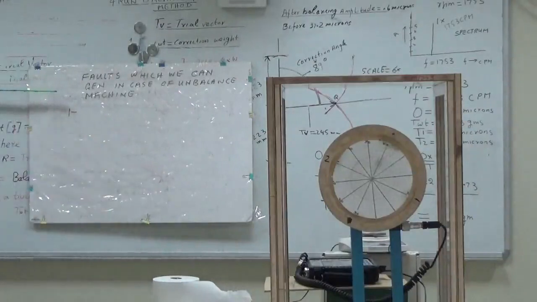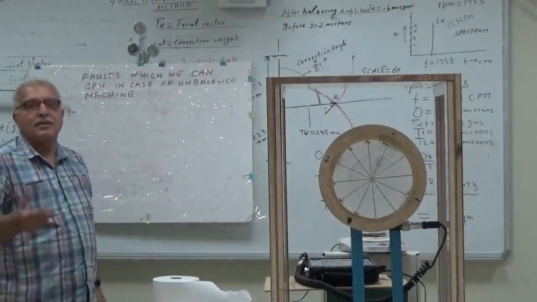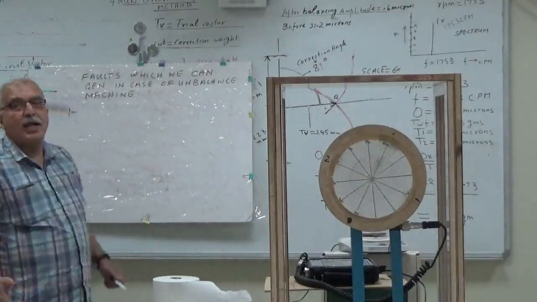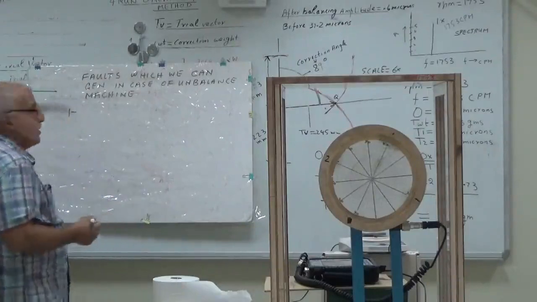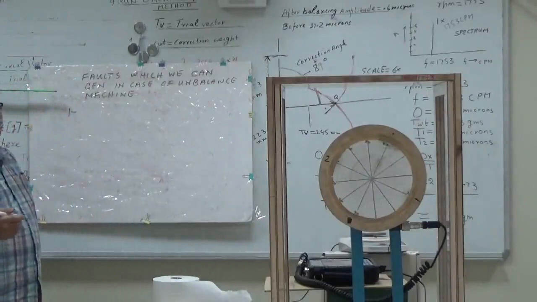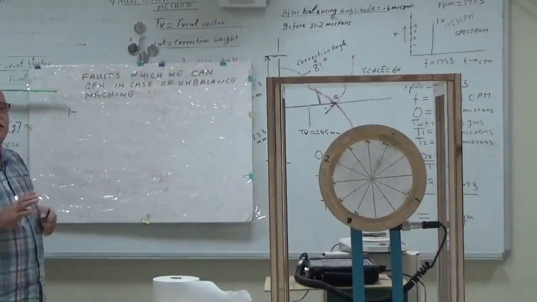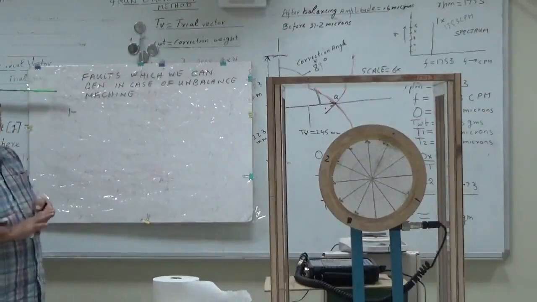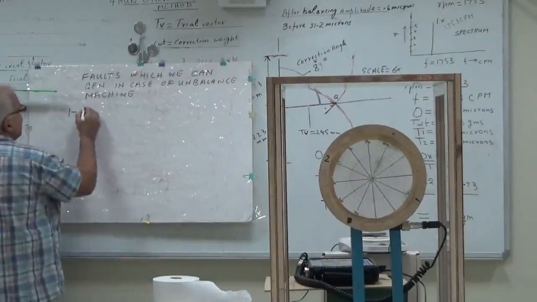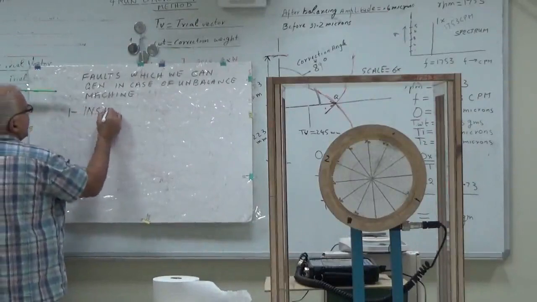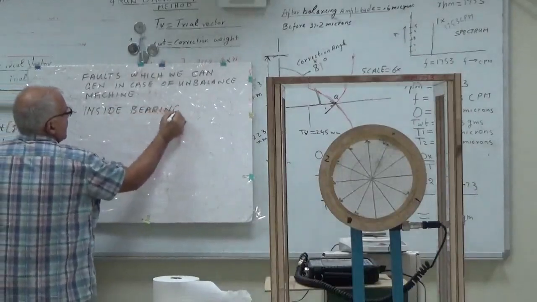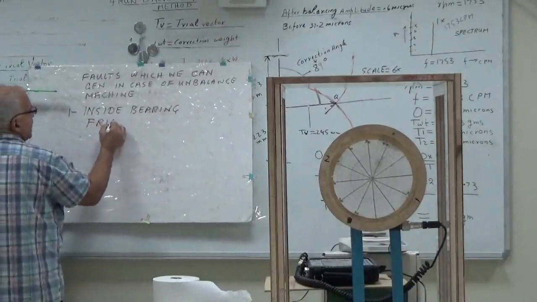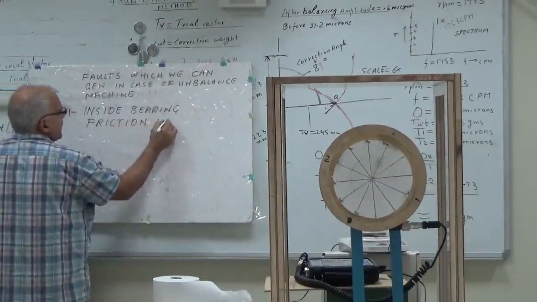So when there is an unbalanced weight, there is a force acting which will pull the rotor, and due to that force, which is called centrifugal force, there will be pull on the bearing, pull on the shaft, and more friction inside the bearing. So friction in the bearing increases.